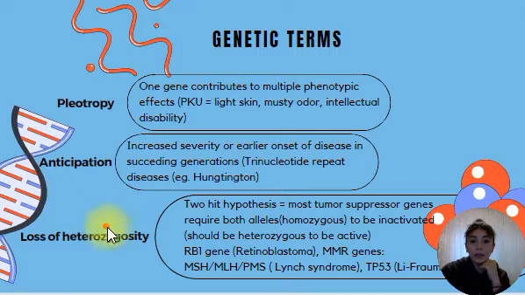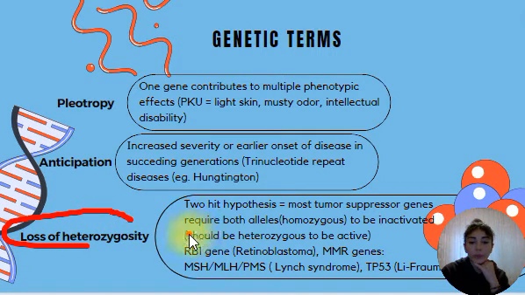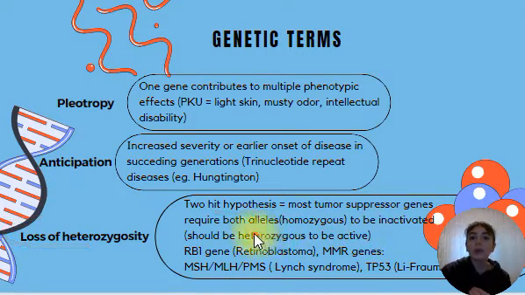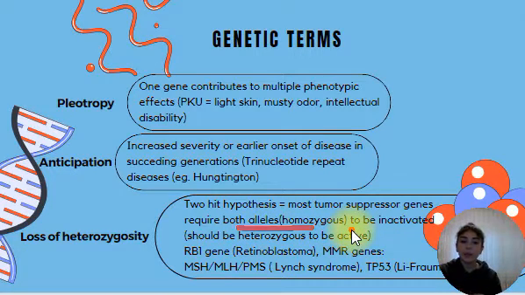Okay. Then loss of heterozygosity is, for example, the two-hit hypothesis in retinoblastoma. Most tumor suppressor genes require both alleles, right? So retinoblastoma develops when you lose your tumor suppressor gene. A tumor suppressor gene works if it is heterozygous, right? One normal, one pathologic, or two normal genes.